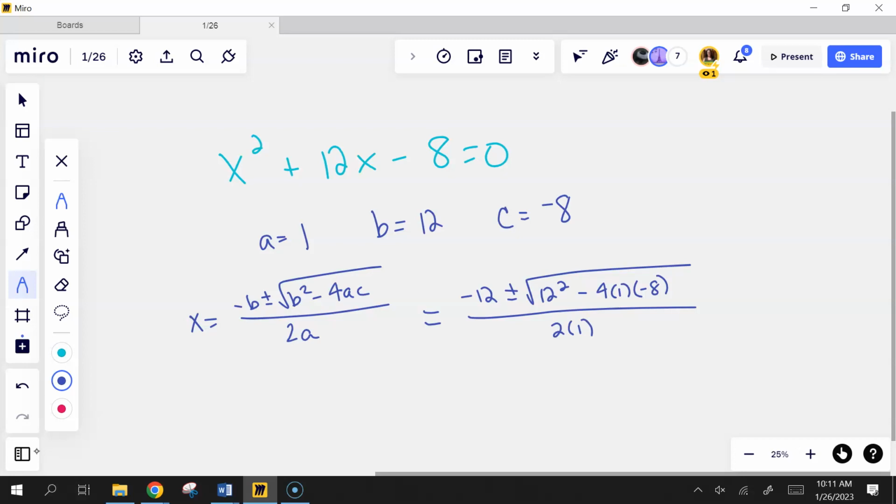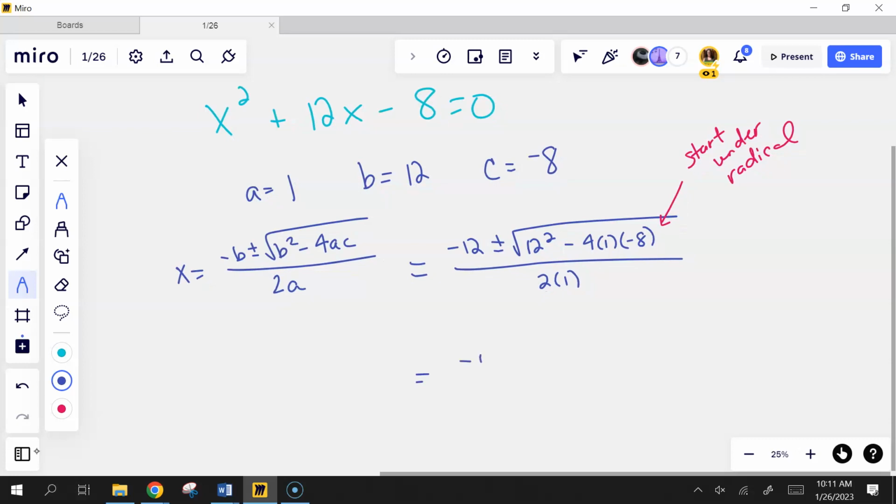As you simplify this, always start under the radical and then we'll move out from there, okay? So under that radical, let's work under that first, because a radical is a grouping symbol, and grouping comes first. -12 plus or minus the square root of, what is 12 squared? 144 minus, now 4 times 1 times -8.